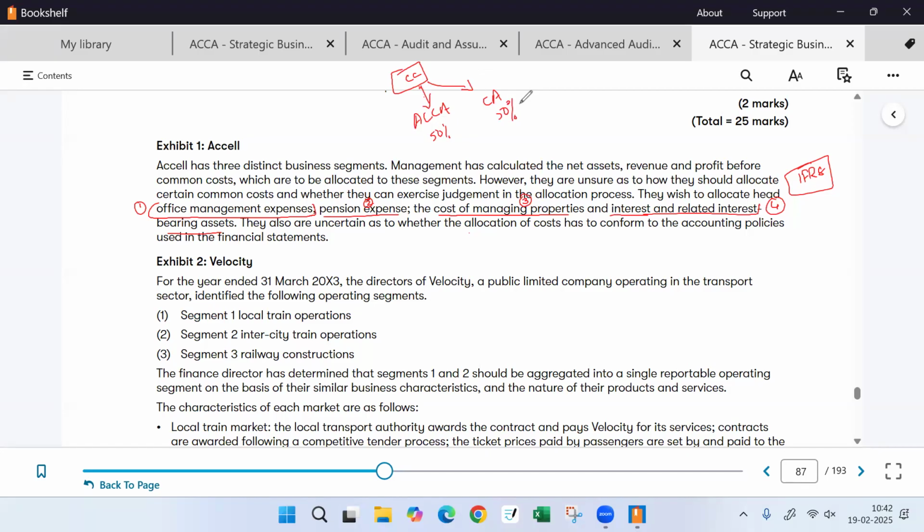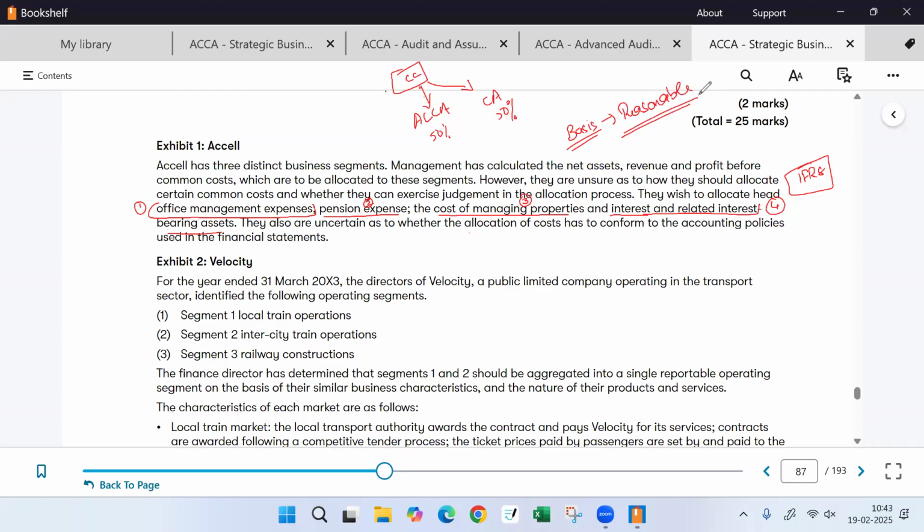Anything which will have a material impact, correct? All the common costs which will have a material impact for the decision making of that particular segment will have to be allocated, correct? But does IFRS 8 prescribe a basis of allocation? They do not prescribe a basis, right? They are saying that the basis should only be a reasonable basis.